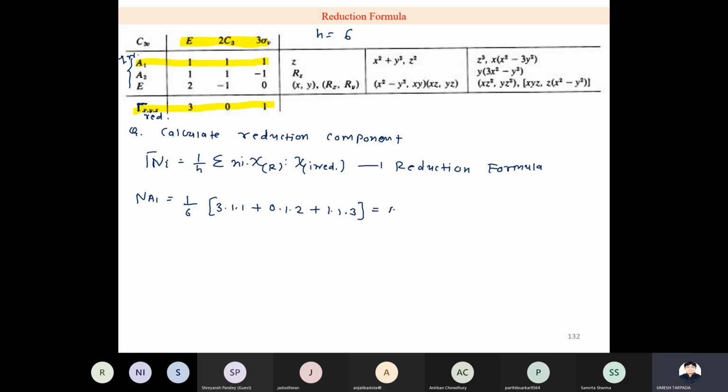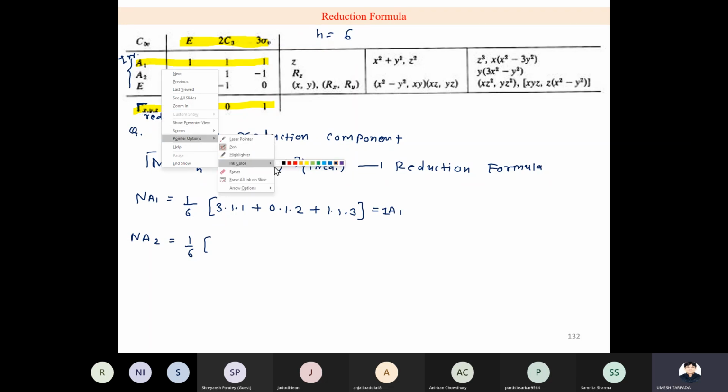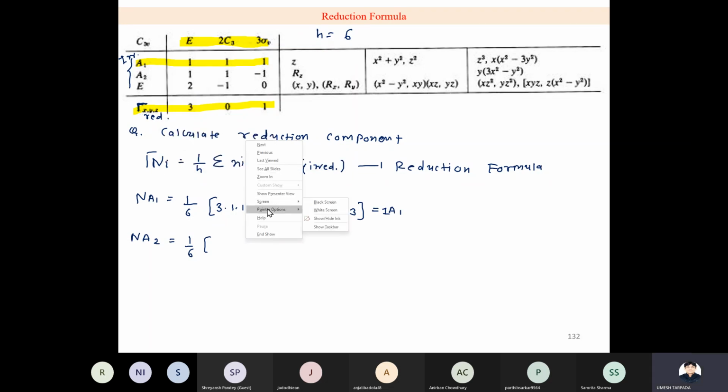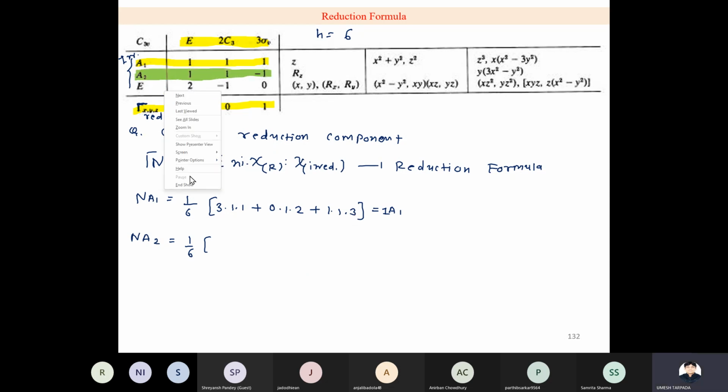How many times A1? The number of times A1 comes is one. Yes, good. Now what about A2? 1 upon 6. Now the next time you consider A2, and the rest of the other things remain as they are.